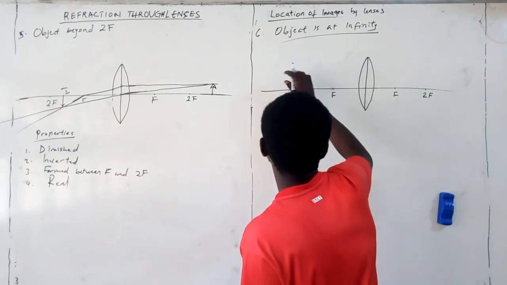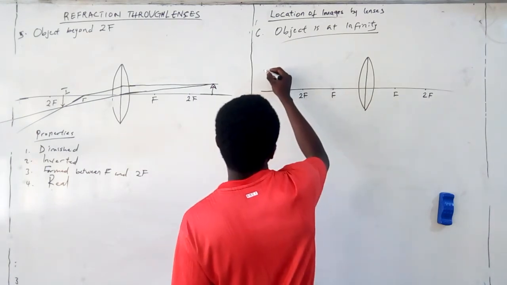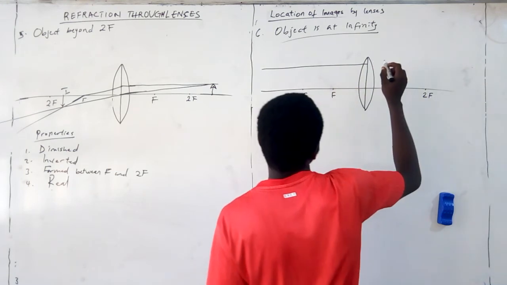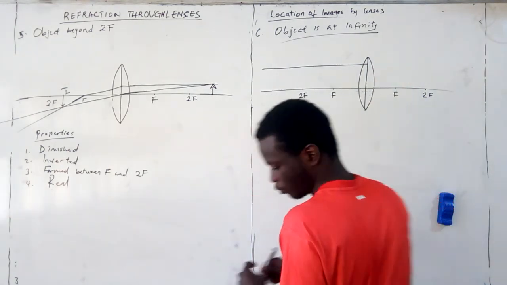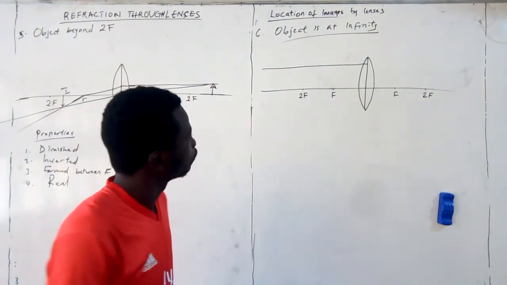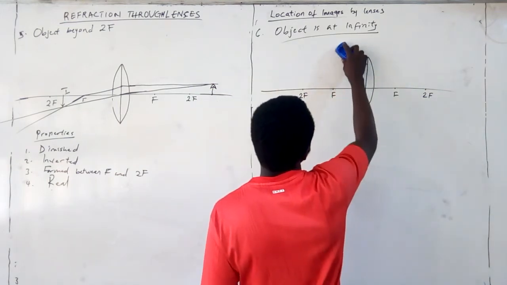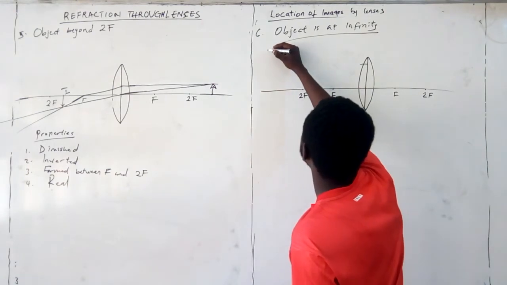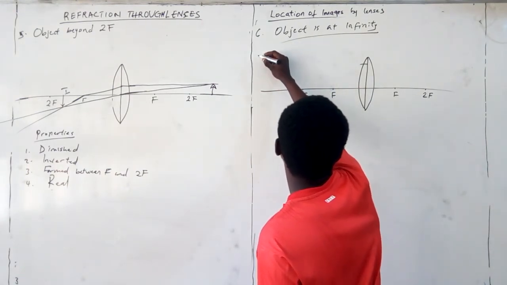So if we have an object at infinity, let's say these are the rays of light coming this way. Since we don't know the height, let's say the rays of light are coming.